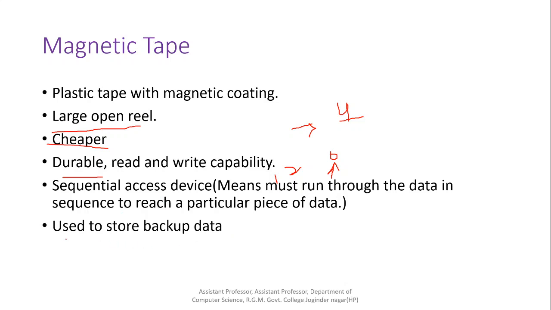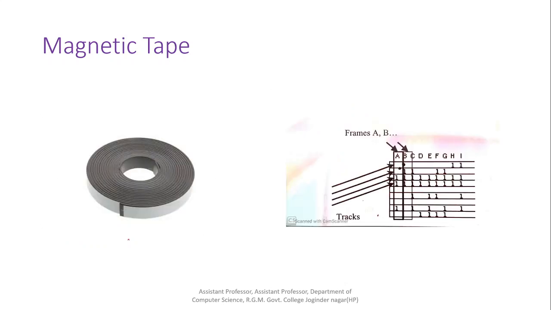Magnetic tapes are generally used to store backup data that is not frequently used, or to transfer data from one system to another. So they are mainly used as backup devices for backing up data.